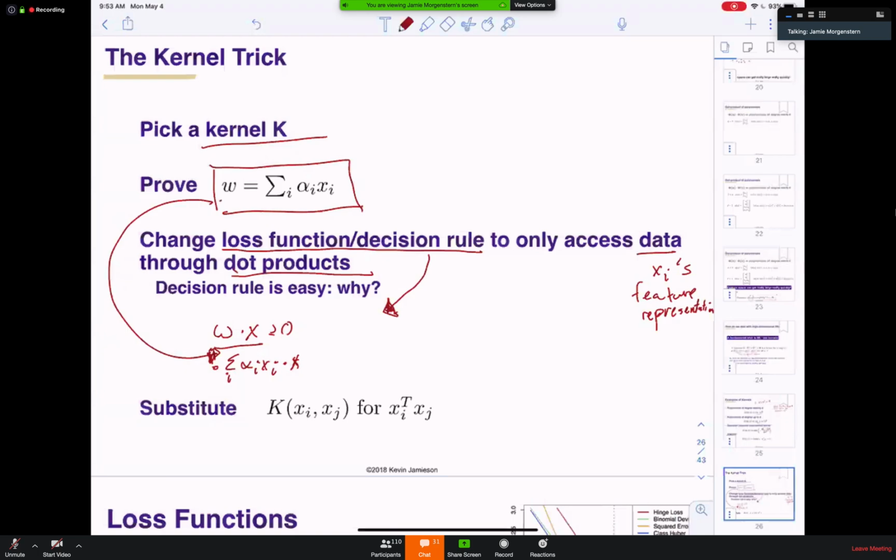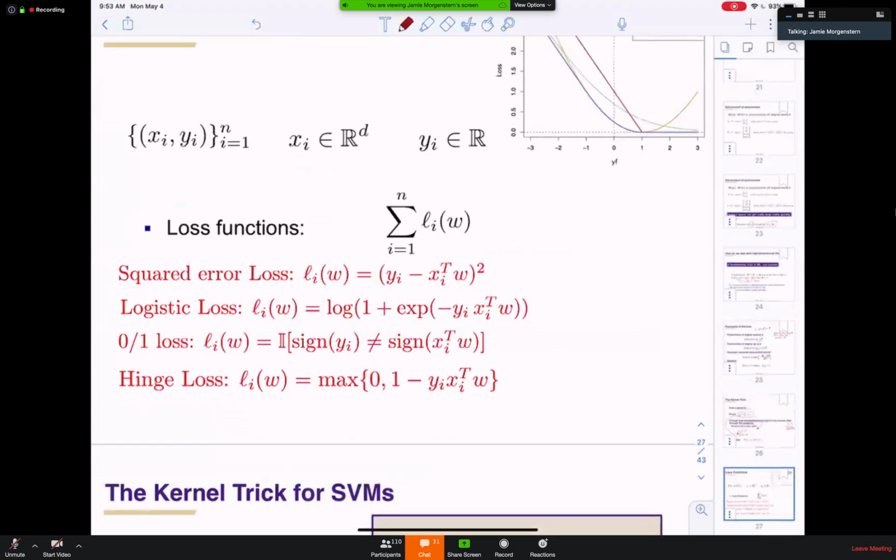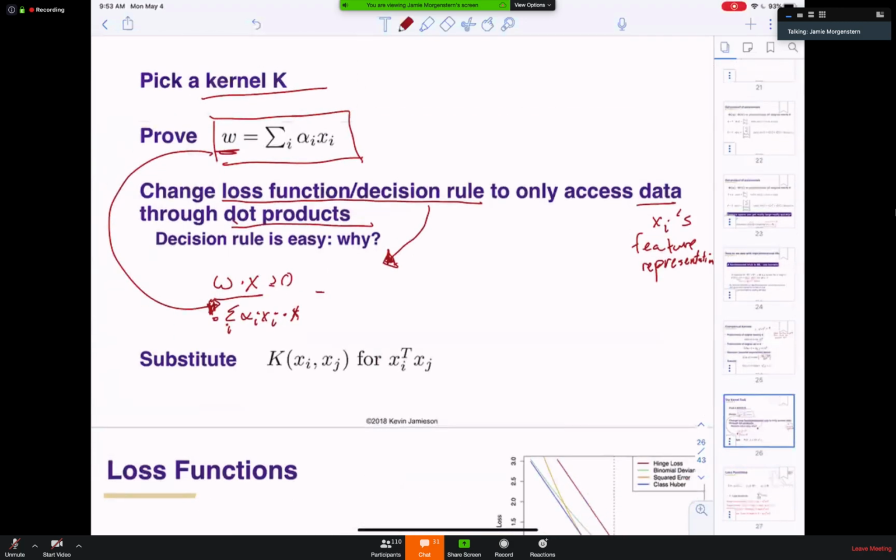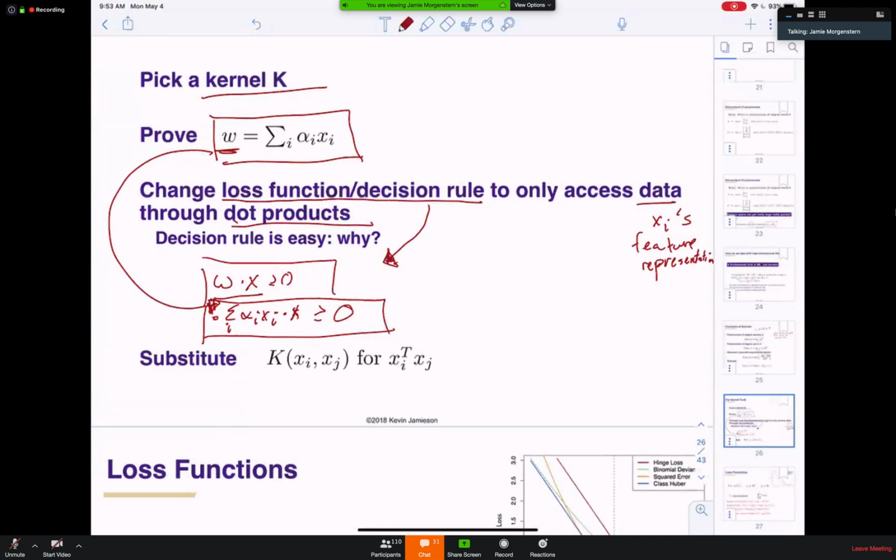So our decision rule, once we've shown that our W, the thing we're actually optimizing for, can be written in terms of our initial data, then shows that the decision rule can be applied by only thinking about dot products. These two decision rules are equivalent.